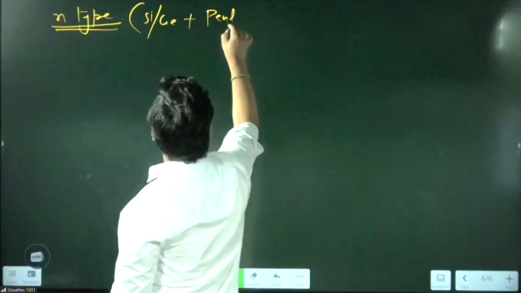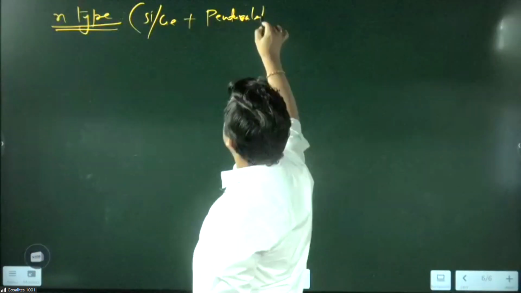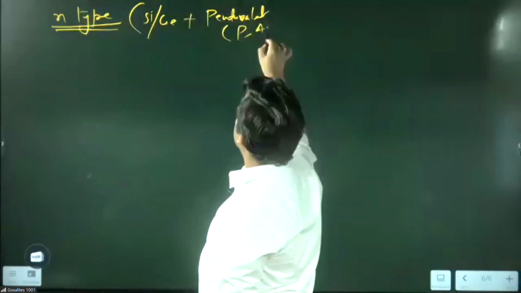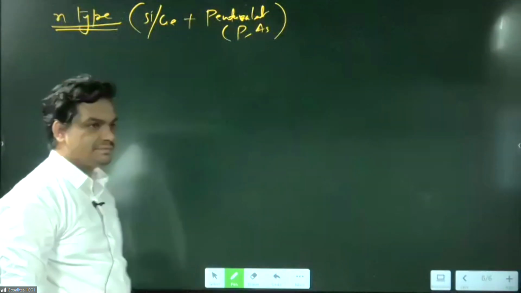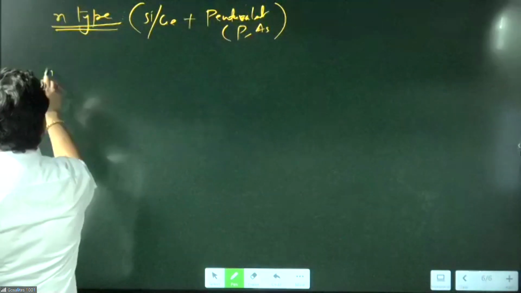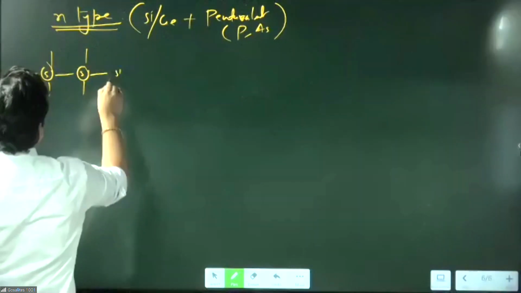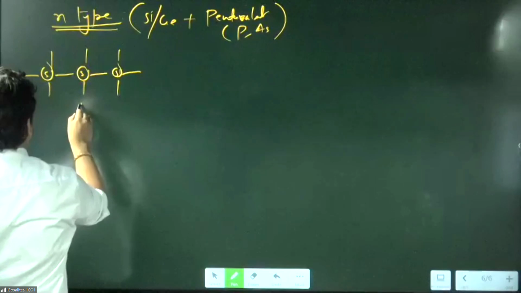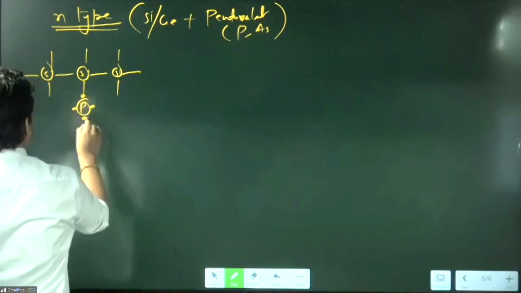Now, n type: we are mixing silicon or germanium with a pentavalent impurity. Pentavalent examples, I think you know: phosphorus, arsenic. Silicon makes 4 bonds. In the silicon lattice, if you mix in phosphorus, this phosphorus has 5 electrons.